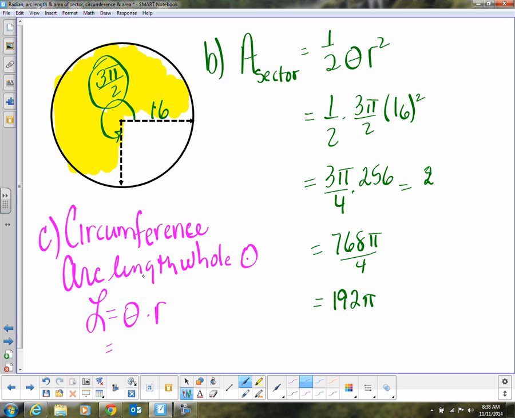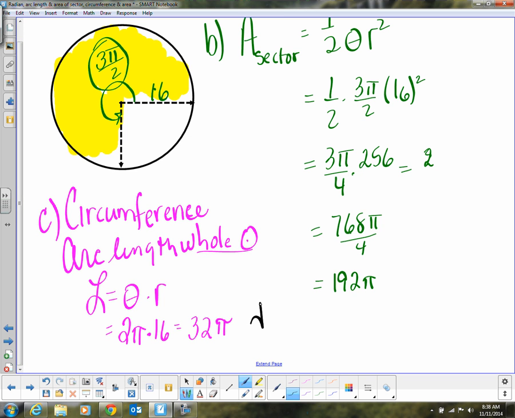What's our theta on the whole circle? 2 pi. What's the radius? 16. So what is the circumference, the arc length of the whole circle? 32 pi. All right. Now, we're going to do part D.